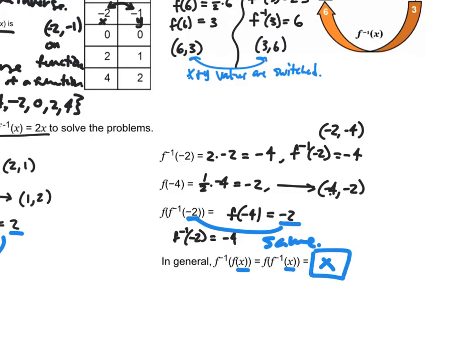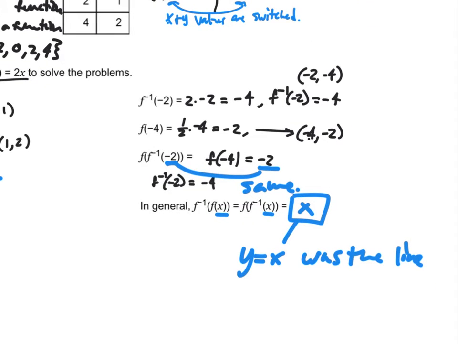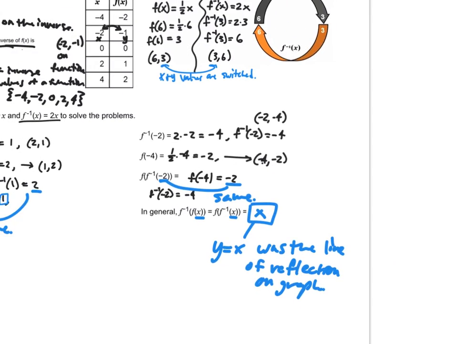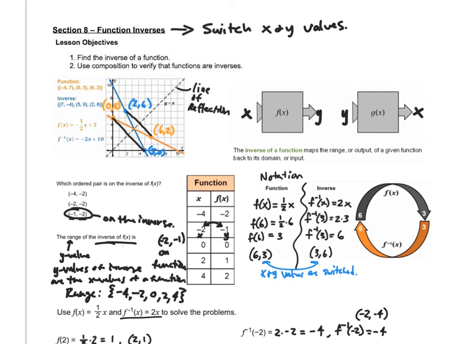Now remember, the line y equals x was the line of reflection on the graph. And that's the whole idea of an inverse: when you have an inverse, it's reflected over the line y equals x.